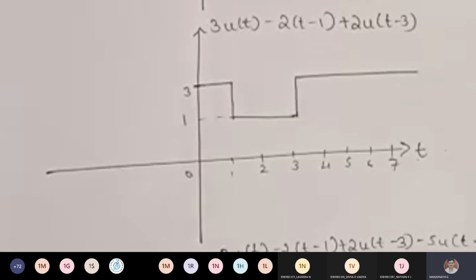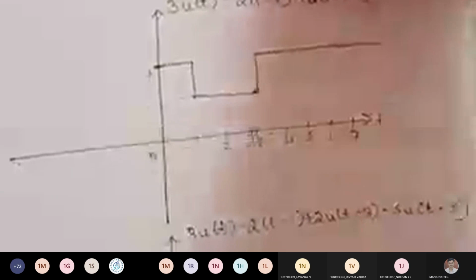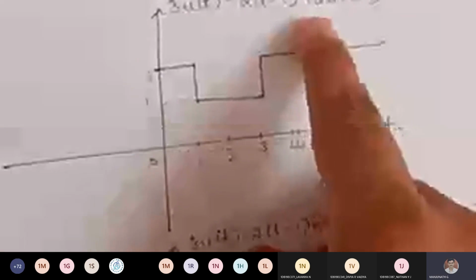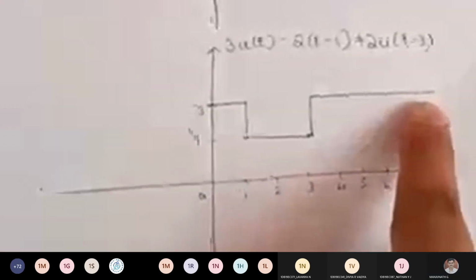Okay, proceed. Okay, sir. We see that the constant until 1, we get 3, which is equal to 1. So the amplitude is 1 and the graph, t minus 2, t minus 1 plus 2, t minus 3. The amplitude changes at 3 and then remains constant.